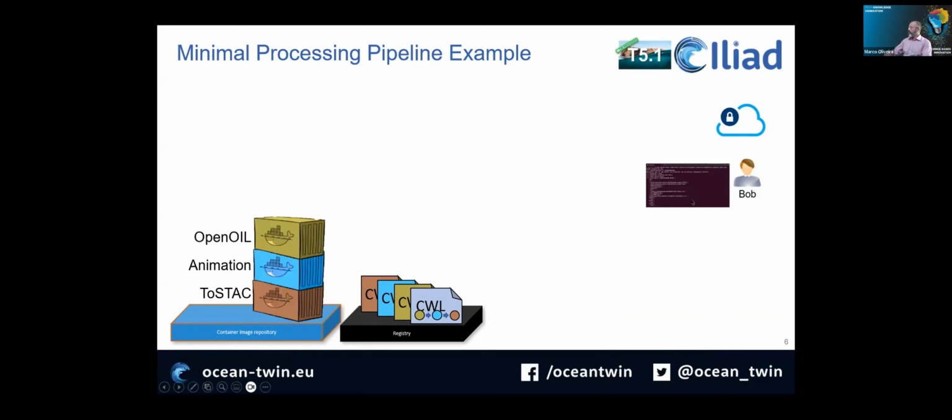So Bob will request execution of that application package. The application package will run, and it will provide Bob with a STAC file, a spatio-temporal asset catalog that describes the output or the multiple files that are outputted from this processing.